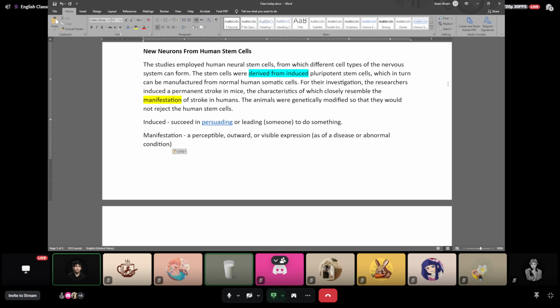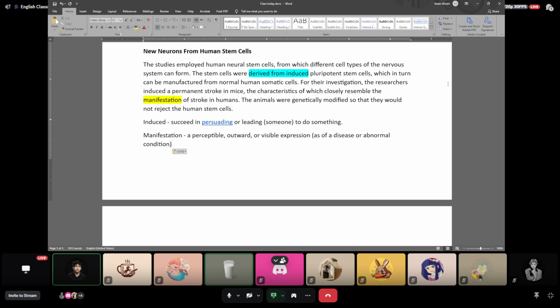In this context, we could say a guy has a fever, or the guy has some rashes on their body. So it is a physical manifestation of that disease that is causing those rashes. Let me simplify this.